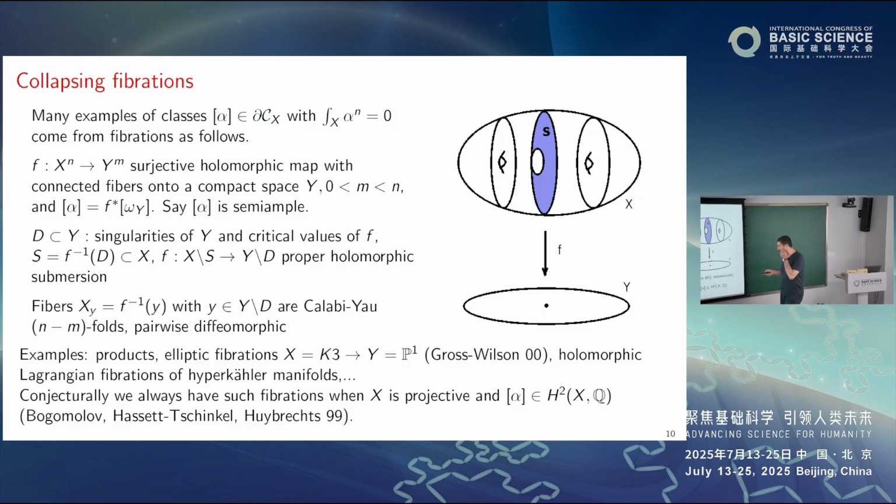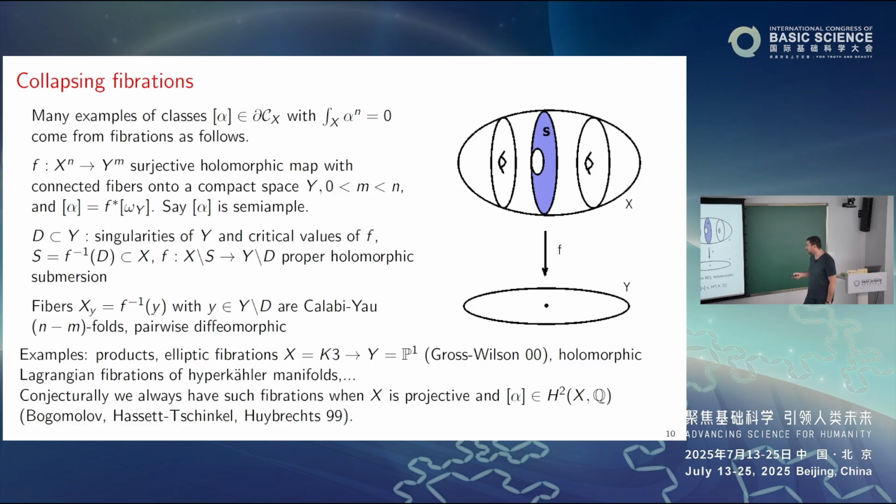And conjecturally, you always have this fibration if your Calabi-Yau is projective and the class on the boundary with this property is rational. So if you have a rational class, a conjecture in algebraic geometry of Bogomolov, Hassett, Tschinkel, and Huybrechts from the late 90s says that you should have exactly such a fibration. This is still wide open, even in the hyperkähler case. But there has been a lot of progress in certain cases.